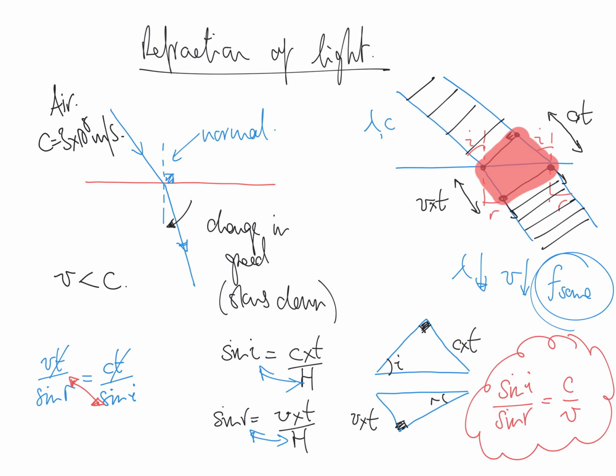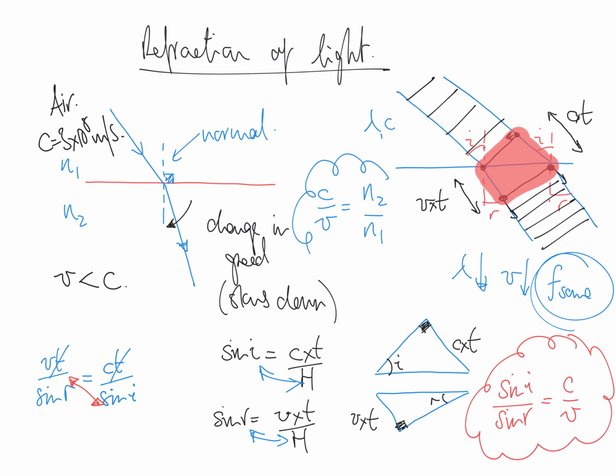Good. Now, I'm going to make one little small amendment here. The ratio of the speeds is equal to the ratio of the refractive indices, n2 over n1. This material is n2 and this material is n1.